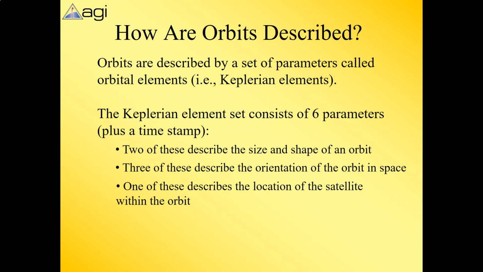Now, 2 describe size and shape. 3 describe the orientation, where it is in space. And then another one will describe where the satellite is on that orbital path.